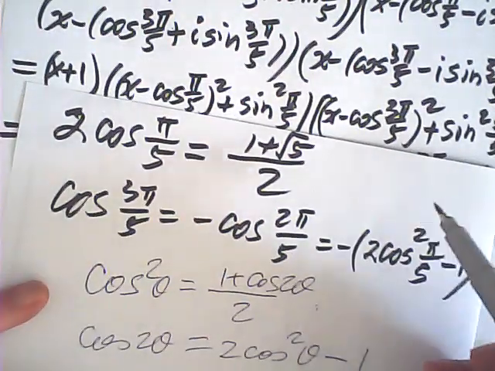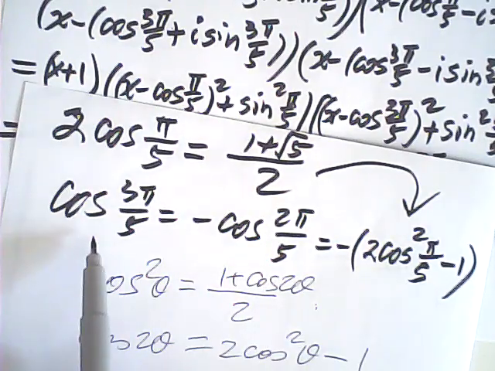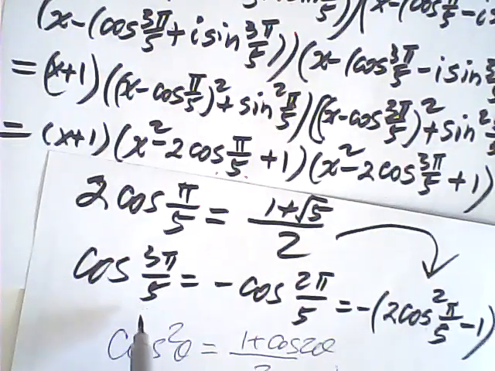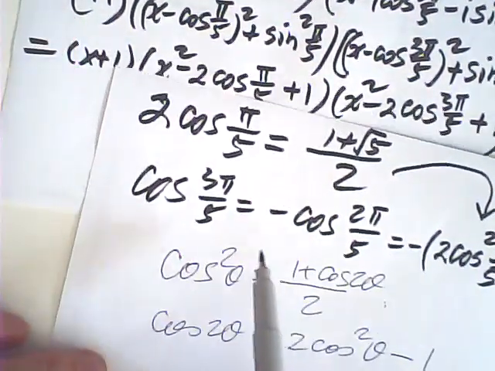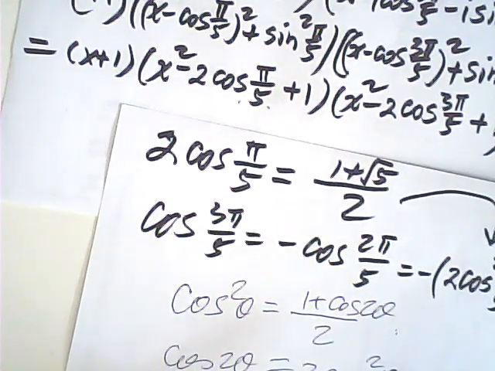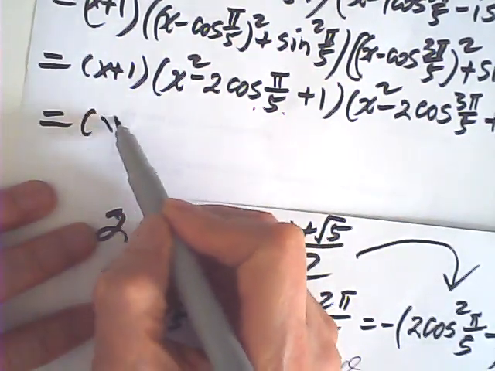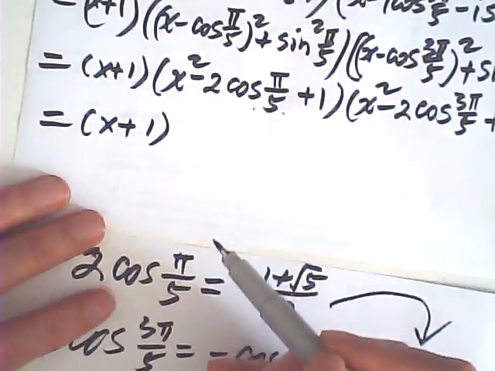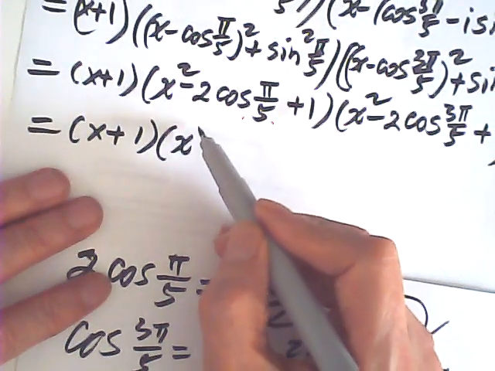And then we put this value here, right? We can find cosine 3 pi over 5. Yeah. So that one is equal to negative, that we equal to x plus 1, x square.